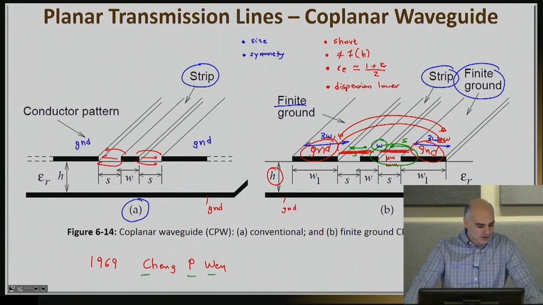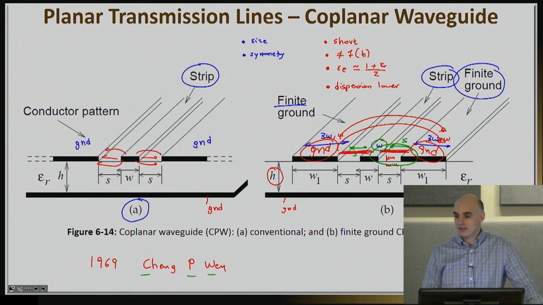In fact, the story goes that when Dr. Wen invented the CPW line to address some of the issues with the microstrip line, he actually called it planar strip line. He didn't call it coplanar waveguide. But one of his colleagues said, well, we should call this coplanar waveguide. I guess it was convenient. So essentially, in 1969, CPW invented CPW.